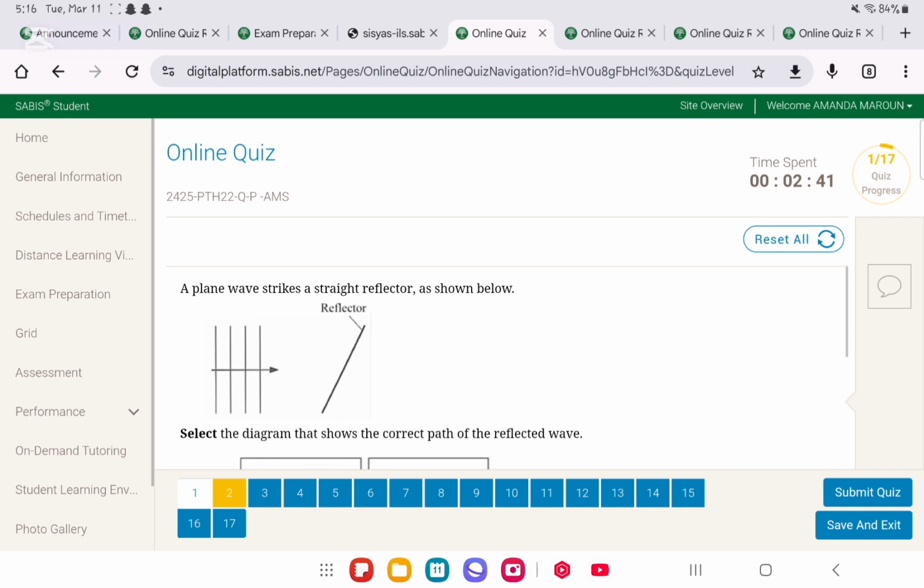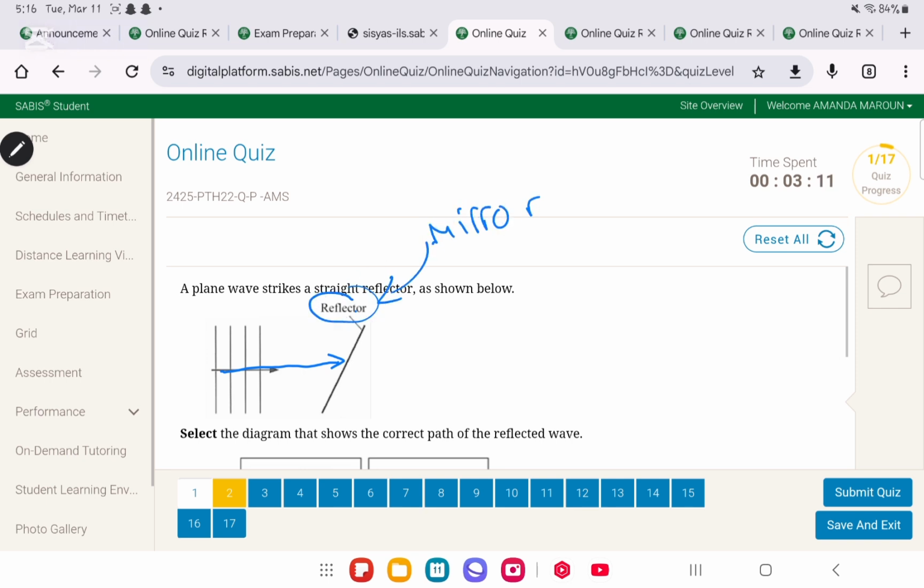Here we are dealing with the reflection of longitudinal plane waves. They said that the plane wave strikes a straight reflector. So this is the reflector. What's going to happen is that the wave is going to move towards the reflector, and because it is a reflector, it will act just like a mirror.